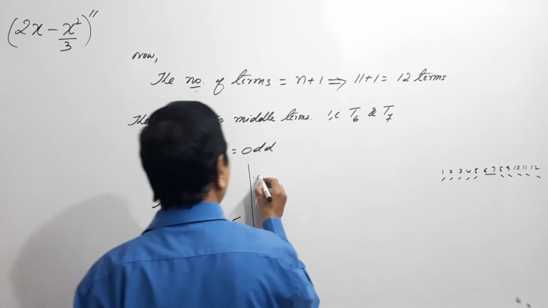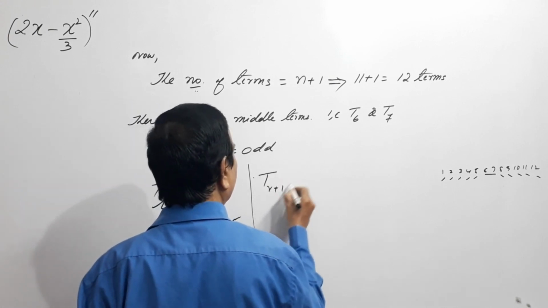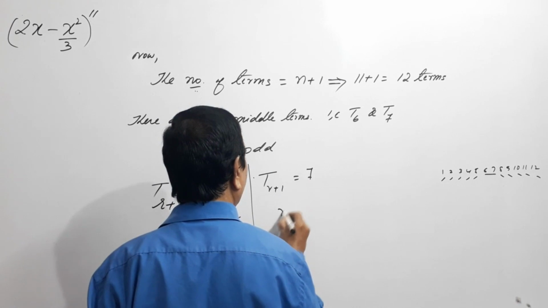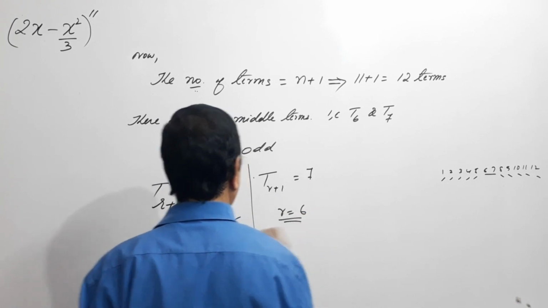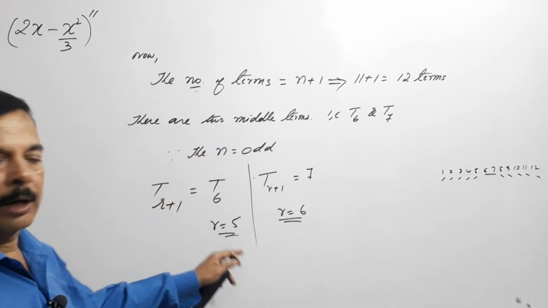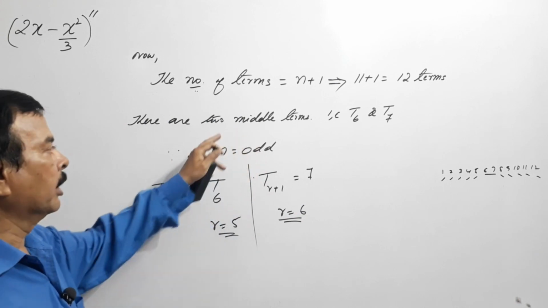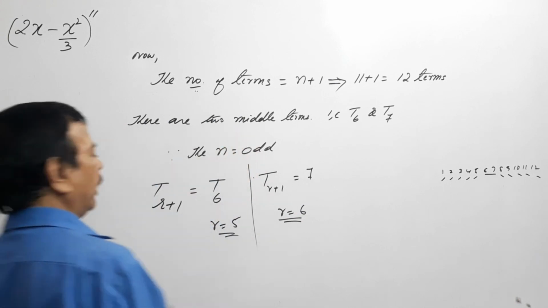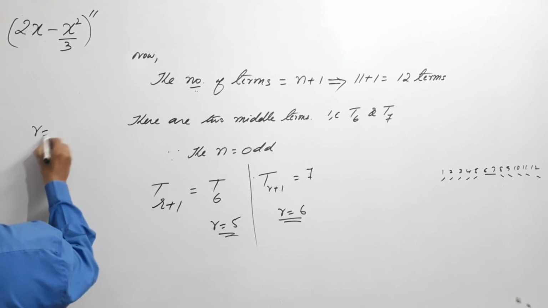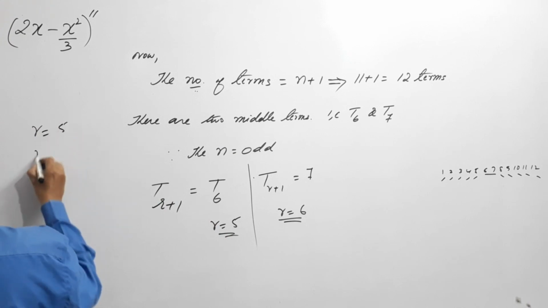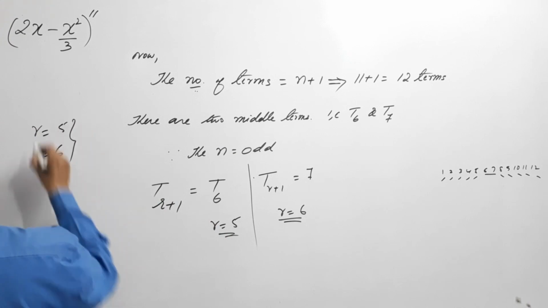Now T(r+1) equals T7, therefore r equals 6. So there are two middle terms to find out: one case is r equals 5, another r equals 6. Remember this.